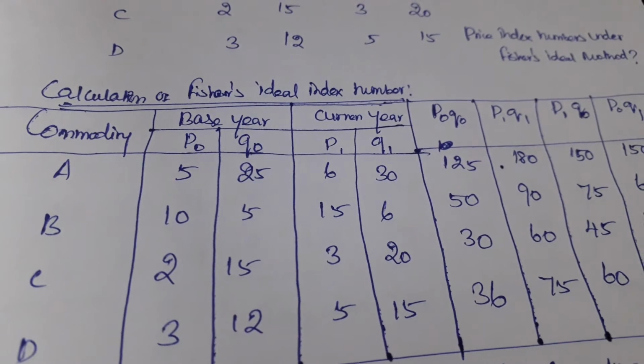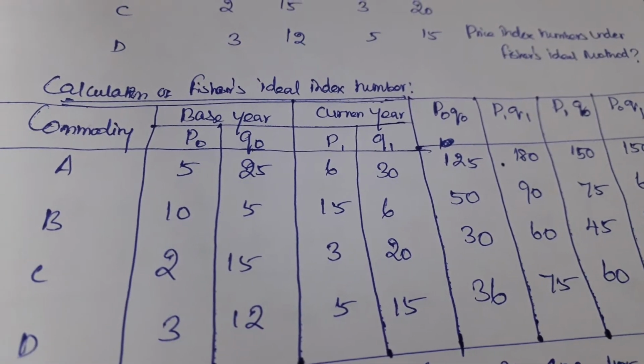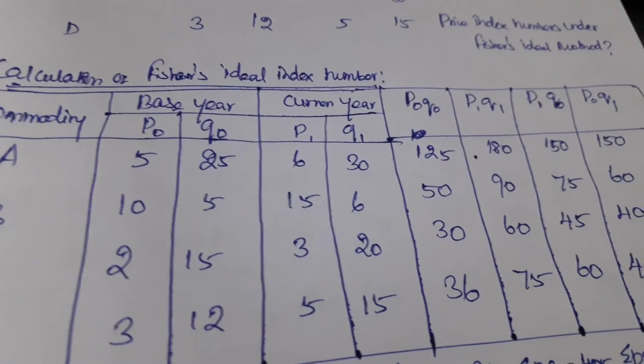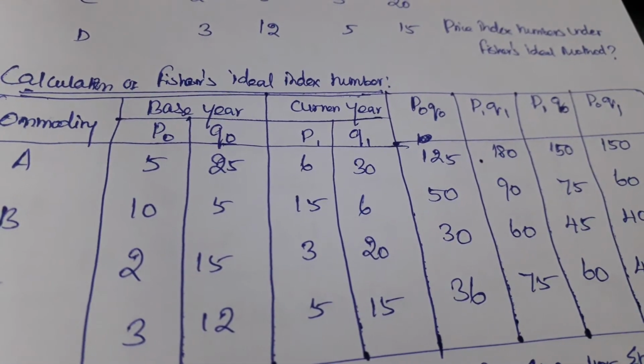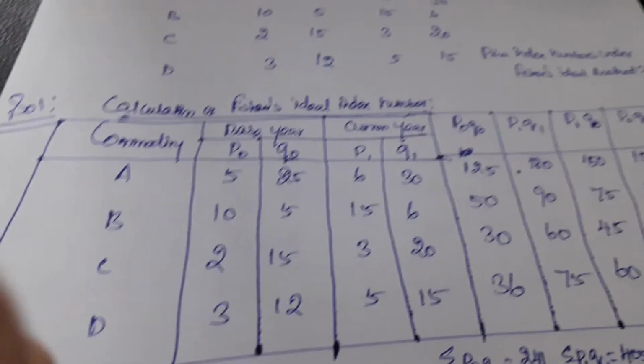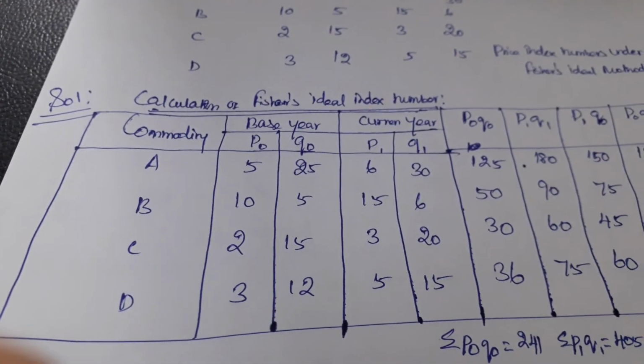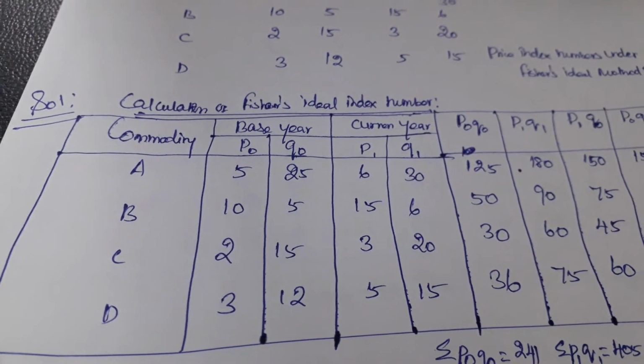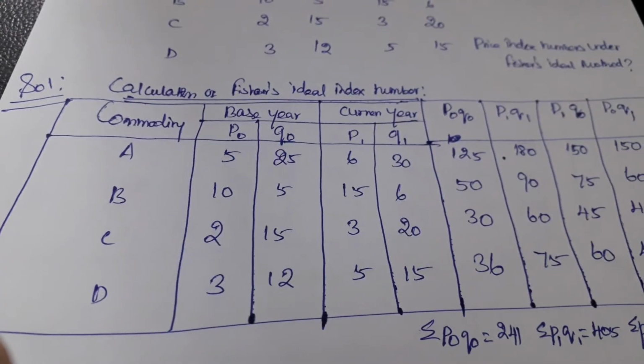Under this column there are two more columns. The P1 represents the price of the current year. The Q1 represents the quantity of the current year. These columns we have just copied from the problem.